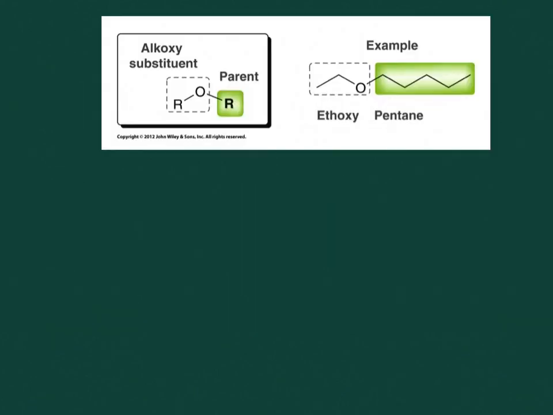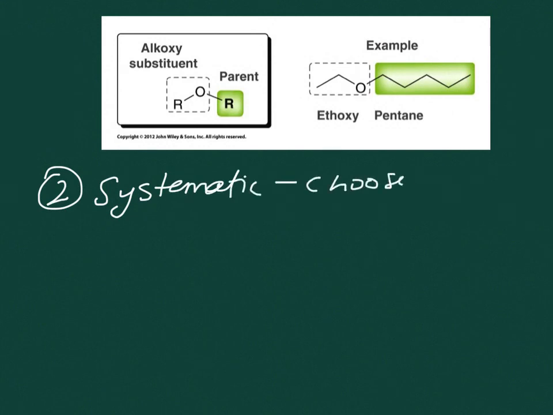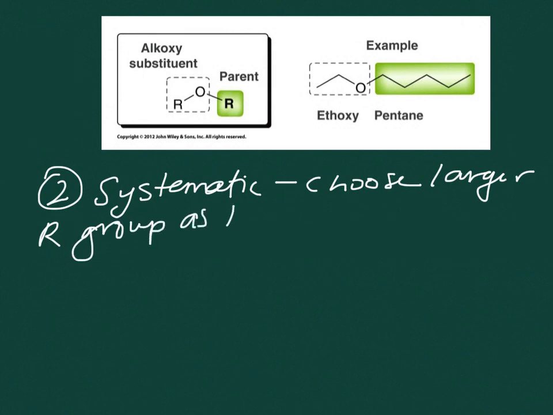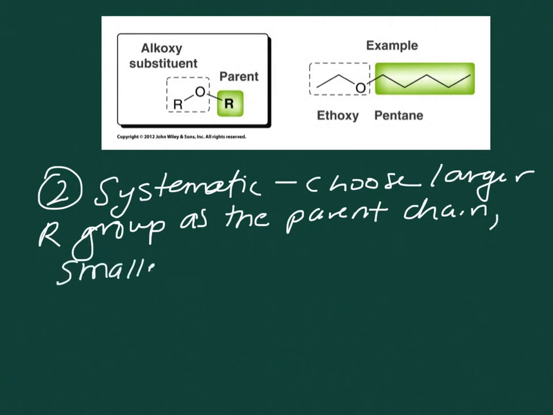If we were to use the systematic way in IUPAC, we could generate a systematic name where we would choose the larger group as the parent, and then the smaller group would be the alkoxy substituent.